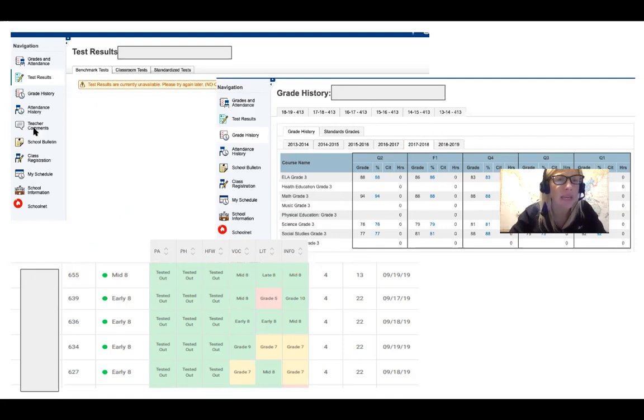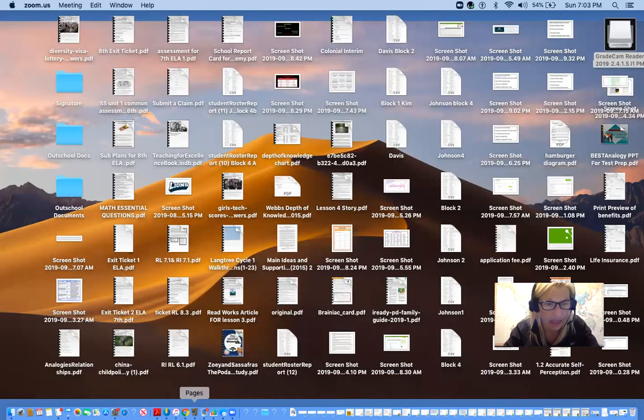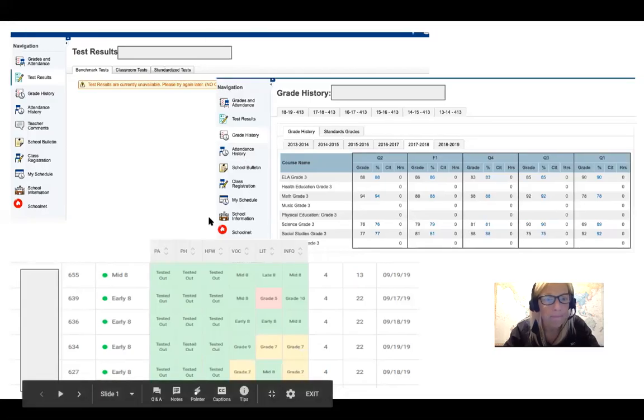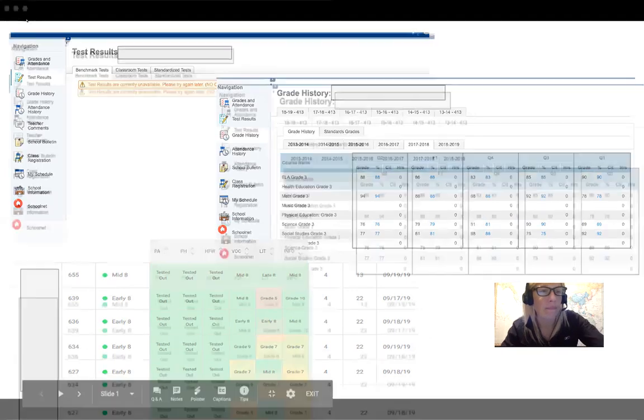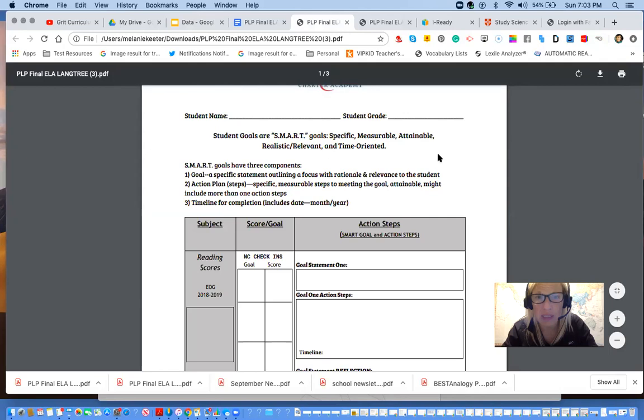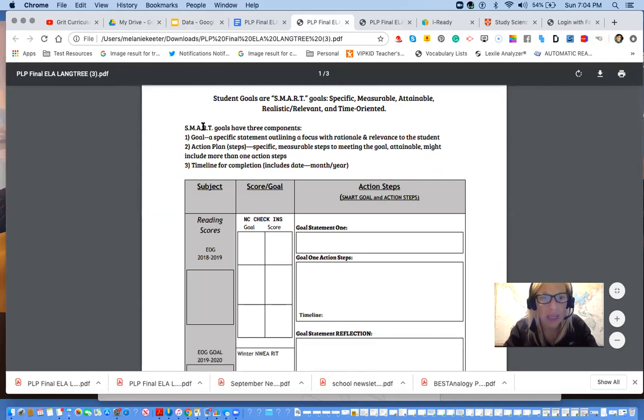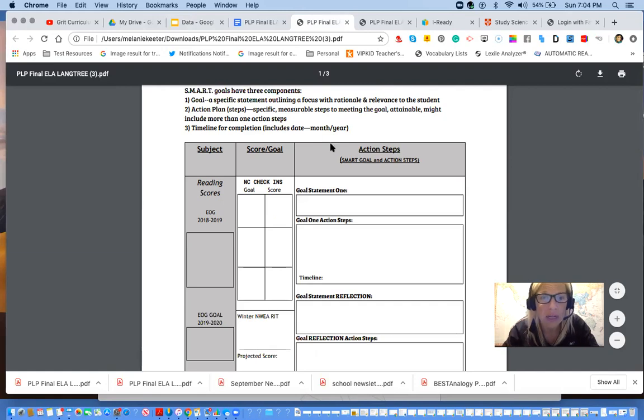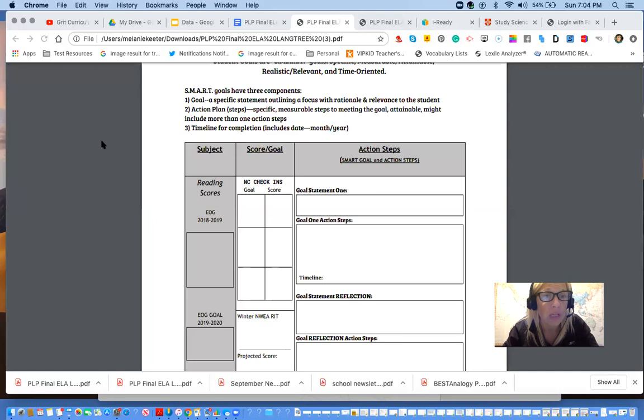Let's go back to the PLP for a moment so that you can see where you are lining up all of these different pieces. So here is my ELA PLP. And the first thing that I'm going to do is make a goal statement for the year.